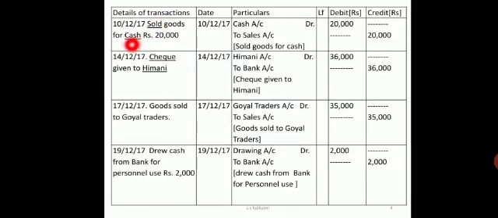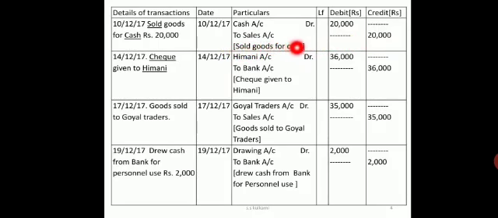So cash account is to be debited because it increases by 20,000. So I'll write cash account debit in the particular columns. Why it is increasing? Because there are sales done. So sales is increase in income and is to be credited. So cash account is debited to sales account 20,000 and 20,000.